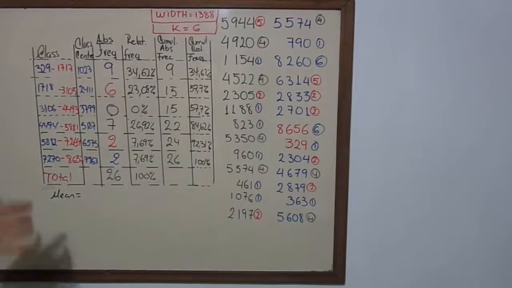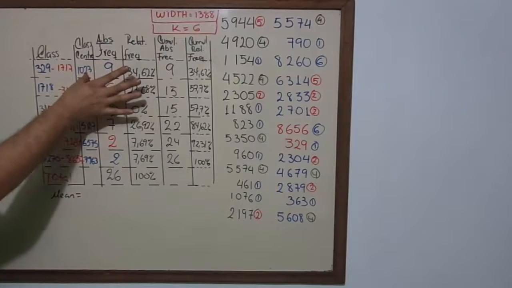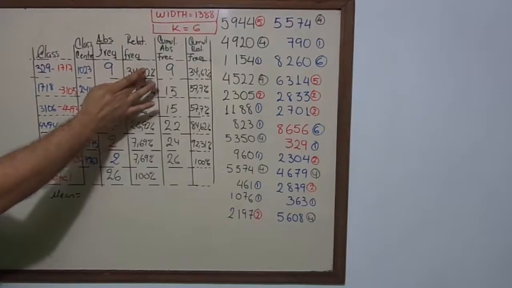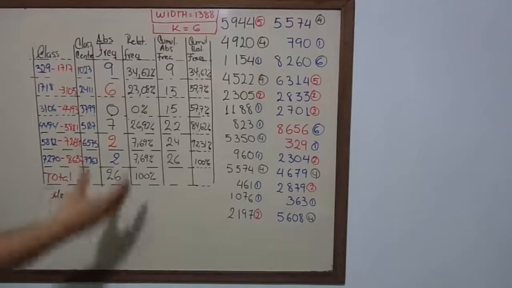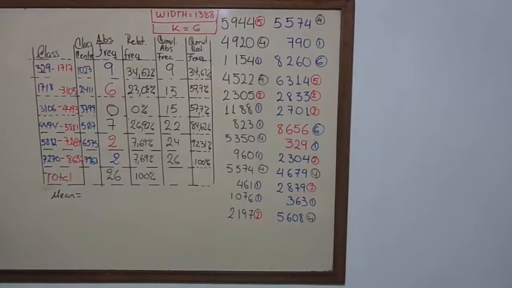What we're going to do is, we're going to multiply the class entry times the relative frequency. And we add them up, and we find the mean.